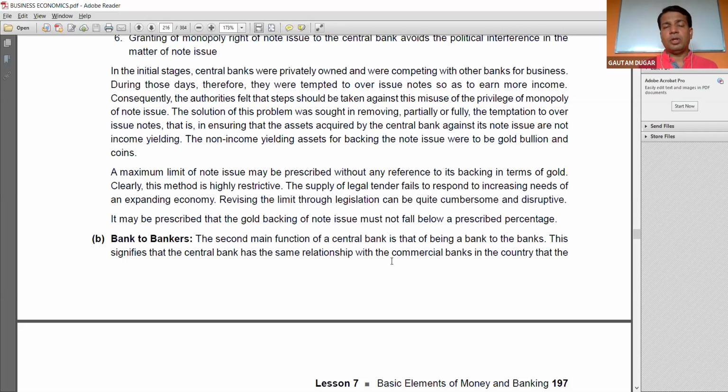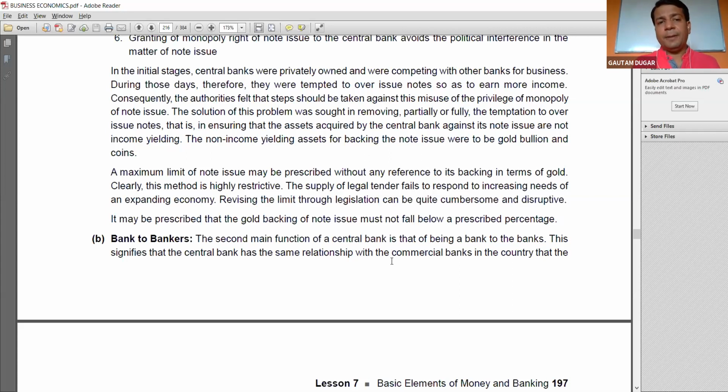The announcement was made by the Prime Minister because he has that authority, but it was done on the basis of the recommendations of the RBI. I'm trying to tell you about the RBI's function of note issue.